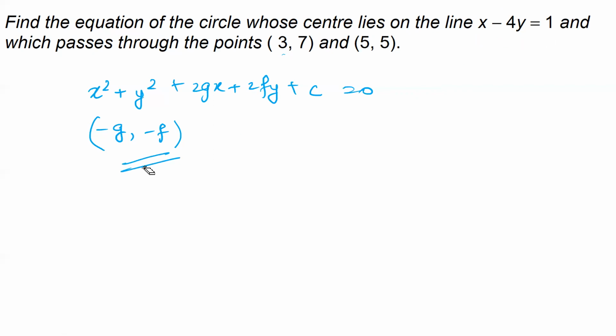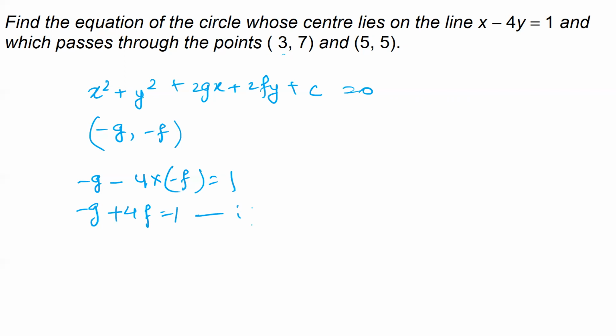So that means if I put -g in place of x and -f in place of y, it will be satisfied. So let's do that. -g minus 4 times -f is equal to 1. So I've just plugged in -g in place of x over here and -f in place of y over here. So I get -g plus 4f is equal to 1.